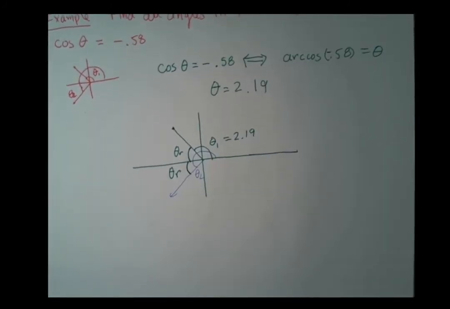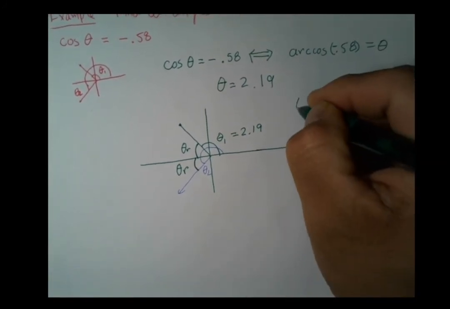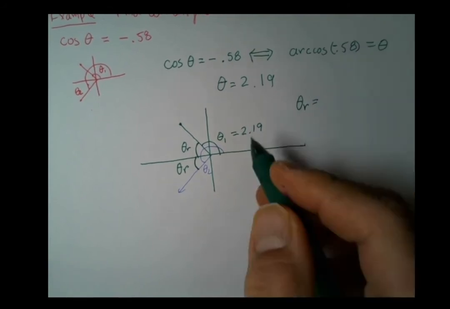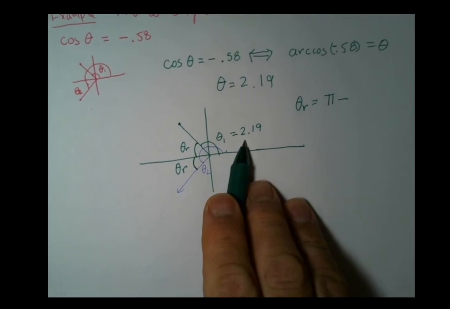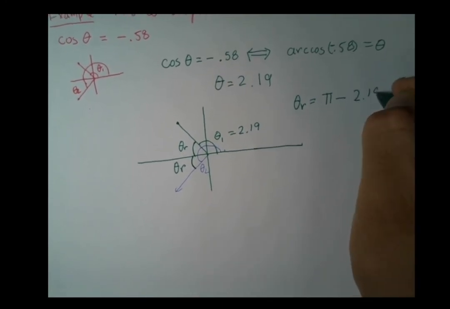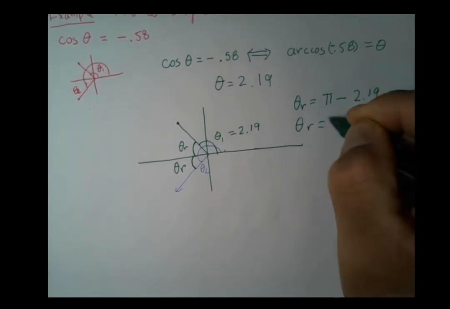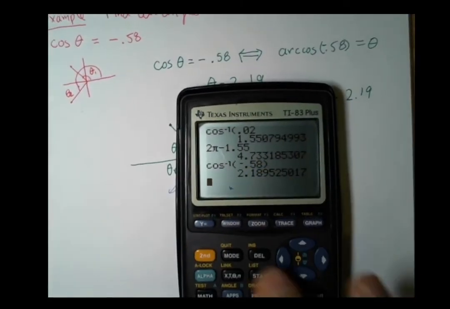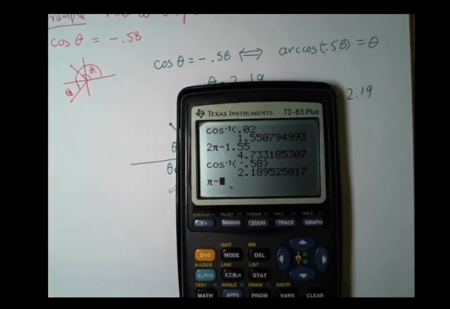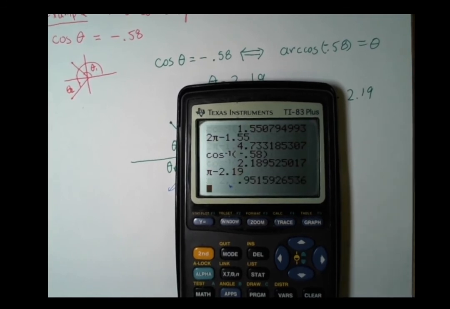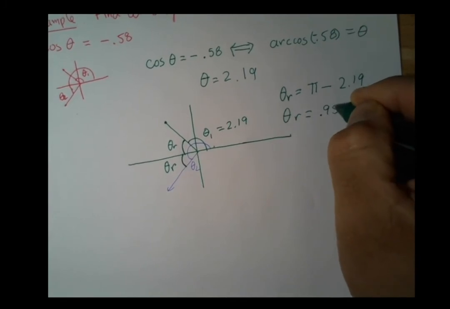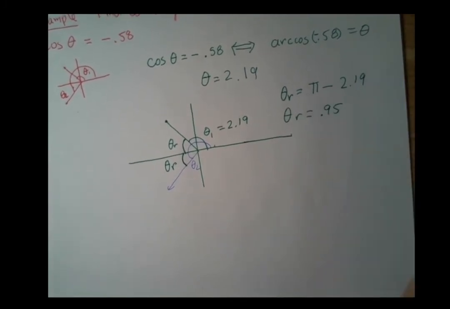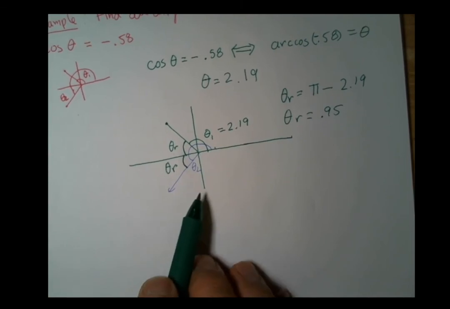That's how these reference angles work. Now, for theta r, one half revolution is pi, but that's too far by this many radians, 2.19. So theta r is going to be pi minus 2.19. It gives me a value of 0.95.